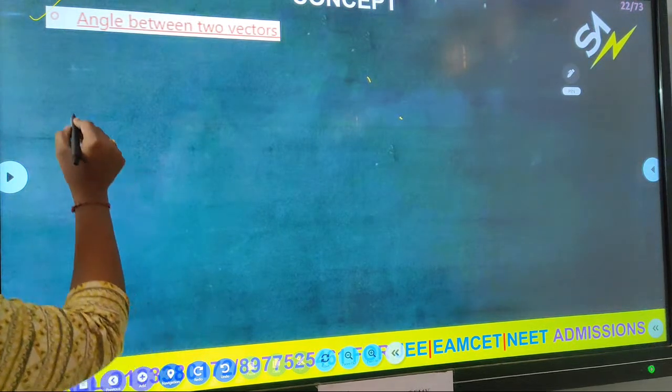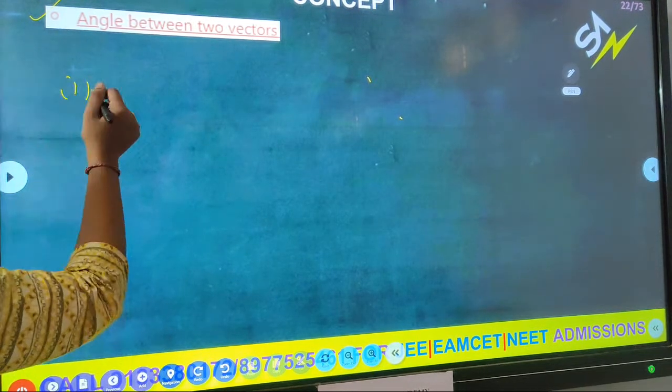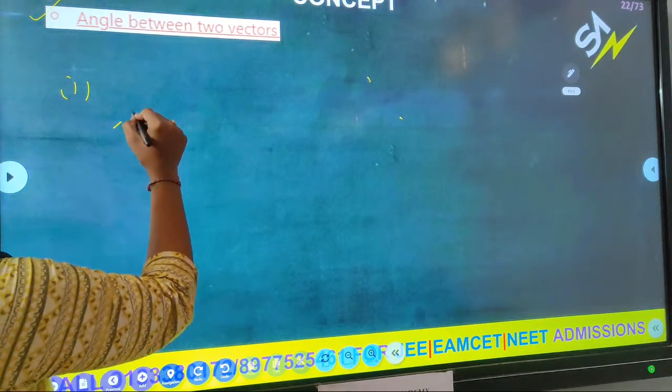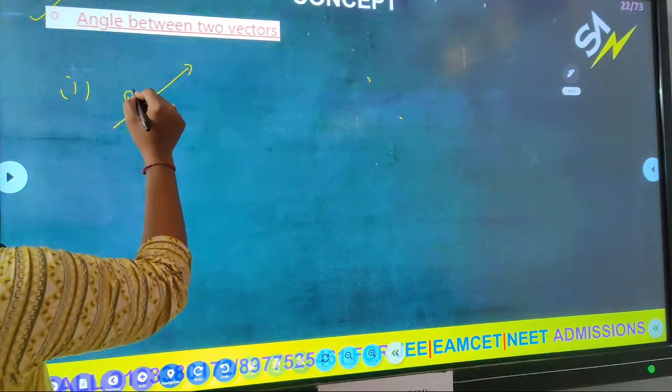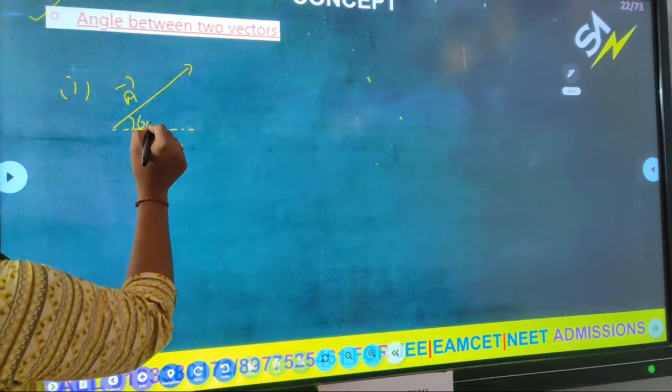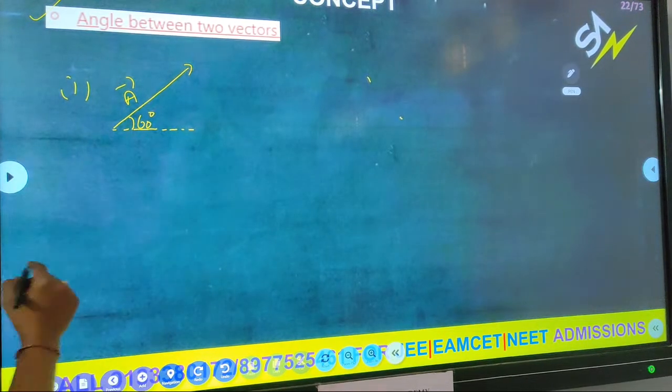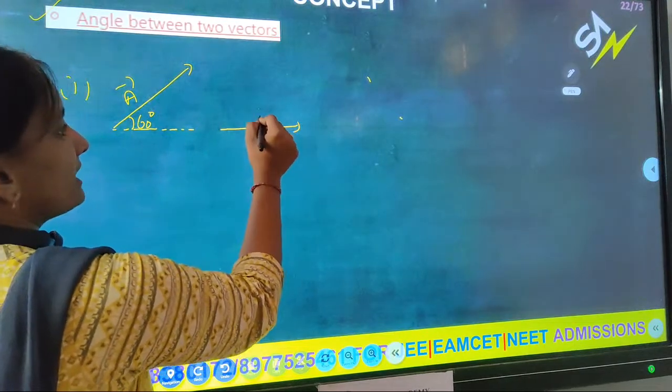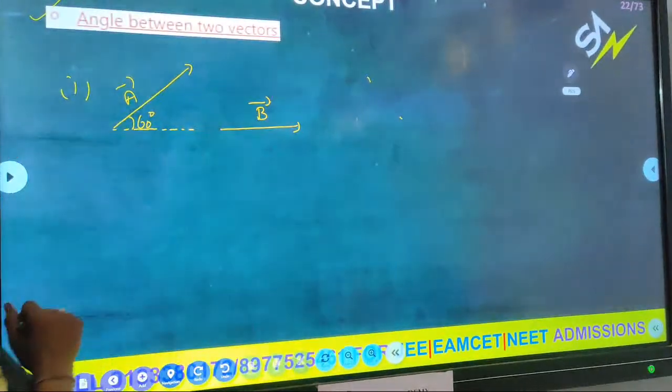Next, we see how to calculate the angle between the two vectors. Let us take the example. We are given two vectors: A bar, which is making angle 60 degrees with the horizontal, and another vector B bar.